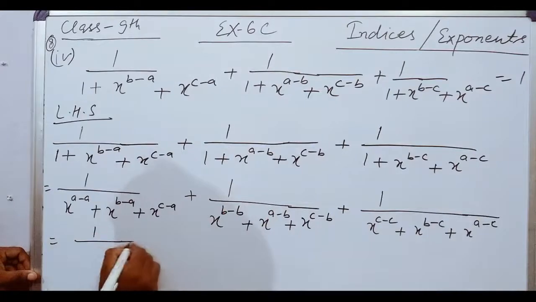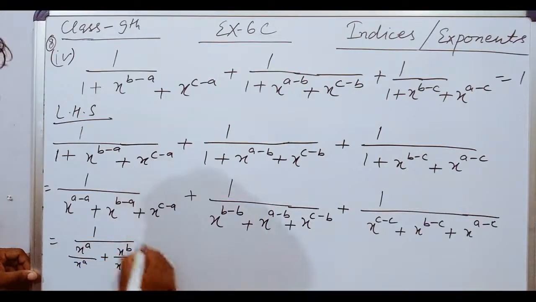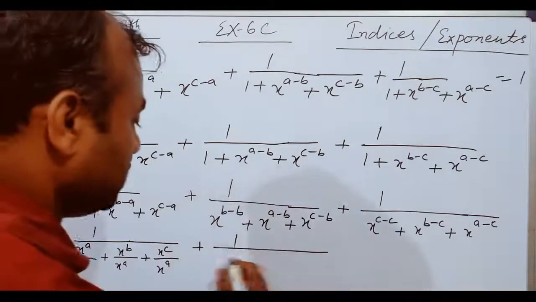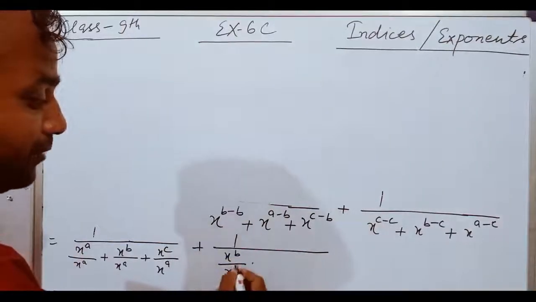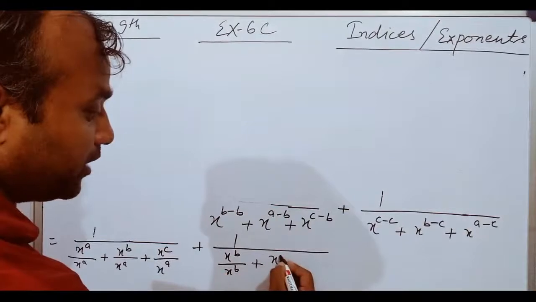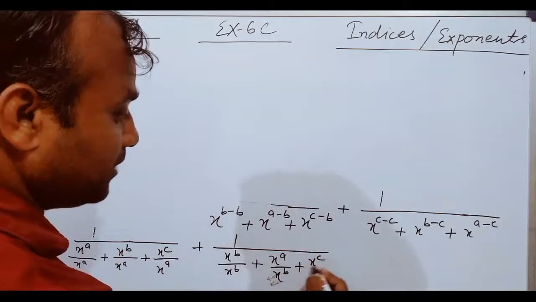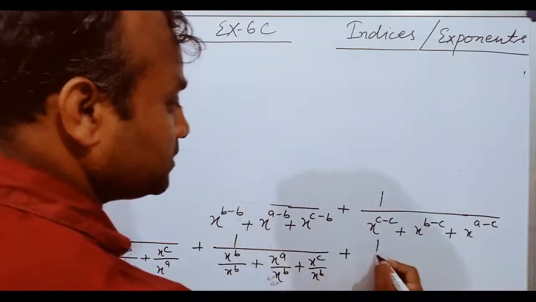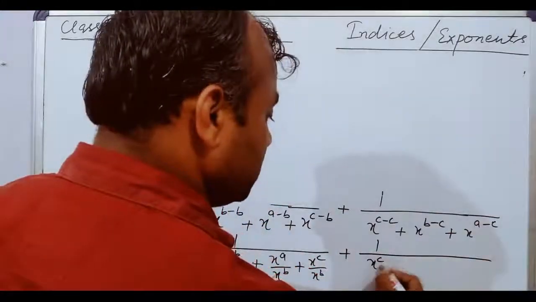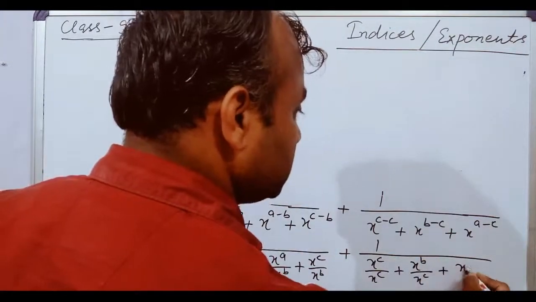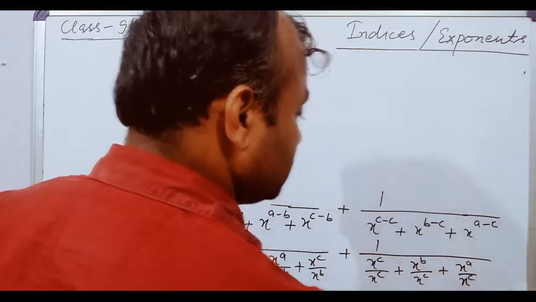Now it can be written 1 upon x^a upon x^a plus x^b upon x^a plus x^c upon x^a, plus 1 upon x^b upon x^b, now x^a upon x^b plus x^c upon x^b, plus 1 upon x^c upon x^c plus x^b upon x^c plus x^a upon x^c.